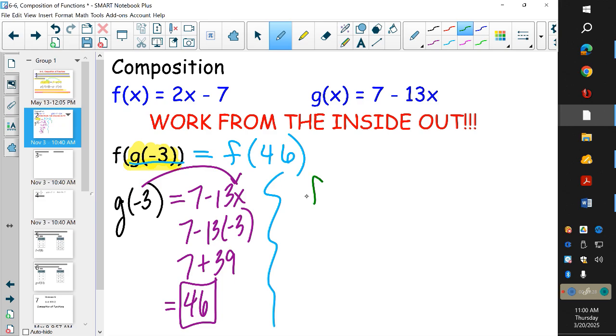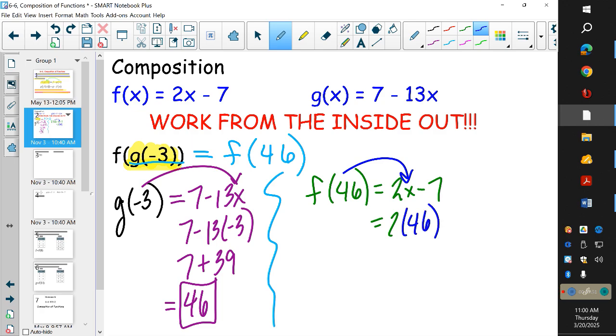F. So in order for me to do f at 46, I'm going to take what f is defined to be. What is f defined to be? 2x minus 7. And every place I see an x, what am I putting inside of there? I'm going to put in the value 46. Yes? So this is going to be 2 parenthesis 46 minus 7.